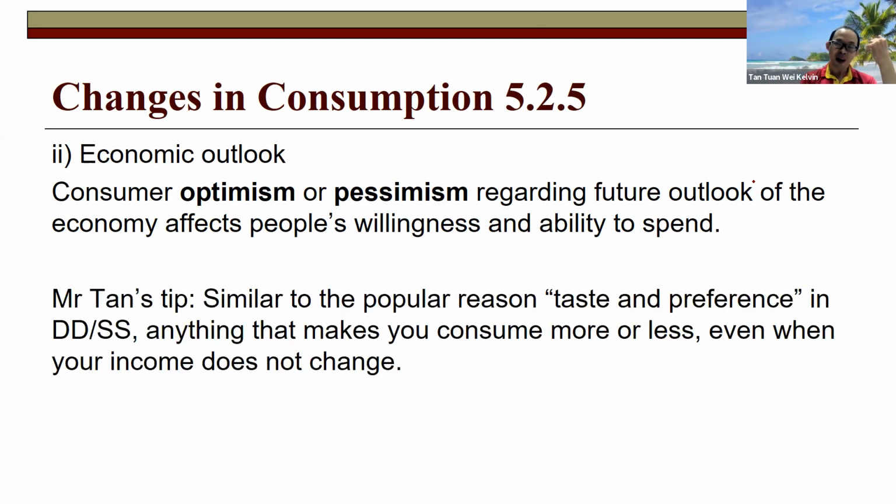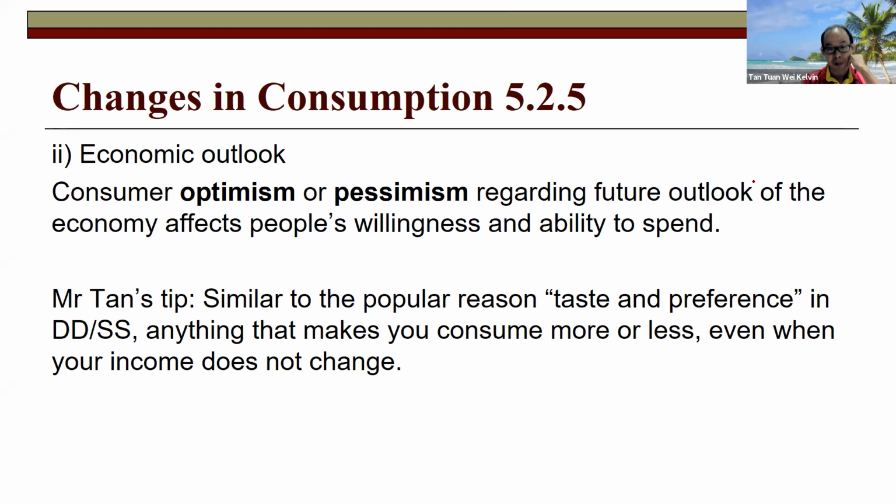My tip is this is very similar to the popular reason, the change in taste and preference in your demand and supply. If you recall your first 6 months of econs, taste and preference are anything that makes you consume more or consume less, even when your income doesn't change.